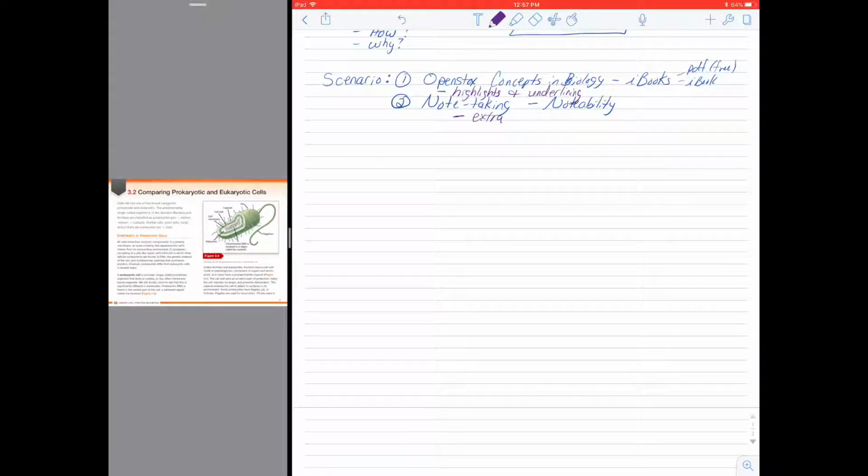I'm using an iPad Pro with the Apple Pencil. And again, you don't have to use these. You could be using an Android tablet with a different type of stylus. You could be using your phone and then using a piece of paper to write notes on. A lot of different options, okay?